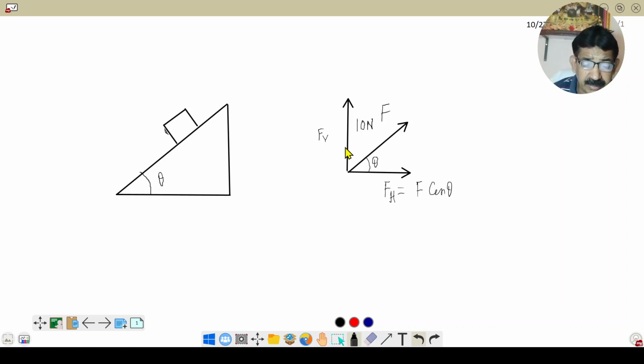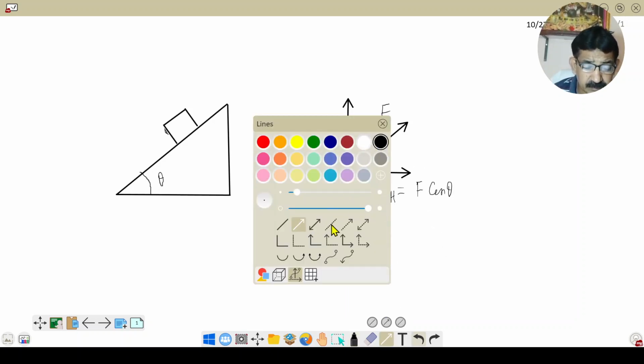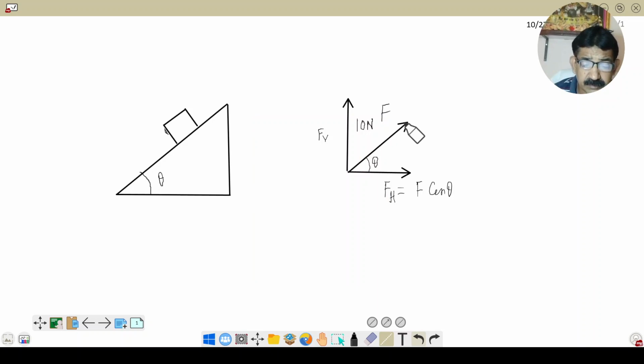Along the vertical direction, it will be like this. Actually, it is the projection of this vector over this line and the projection of this vector over this line.